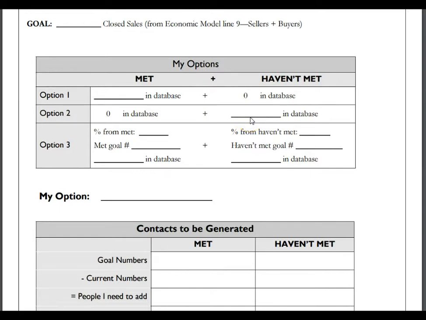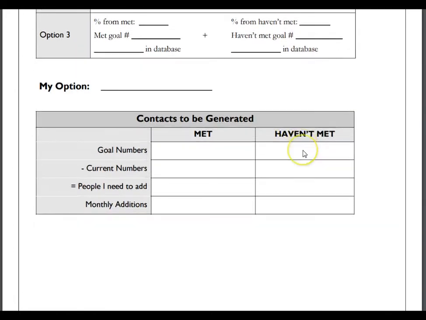So in that case, if you wanted to have 30 transactions and you multiply that times 50, because you need 50 for every one, so that's 1,500. If you have, let's say, 1,000 people that you haven't met in your database, that means you need 500 more. If you divide that by 12, you need 41.6, you need 42 people a month in your database if you're going to rely just on not mets.